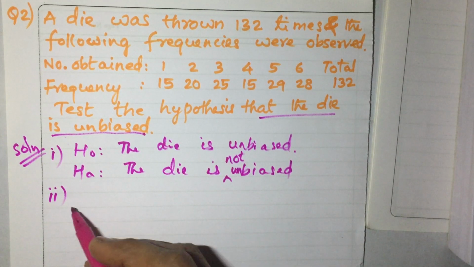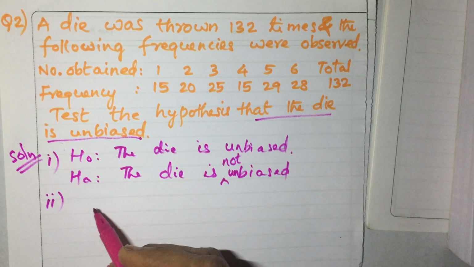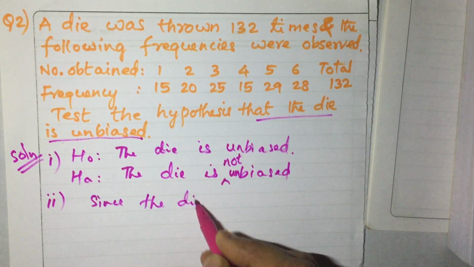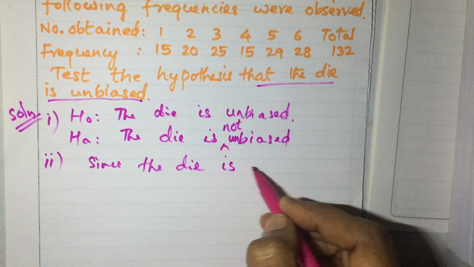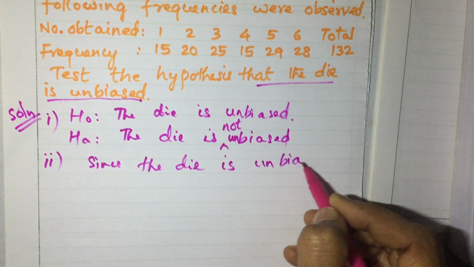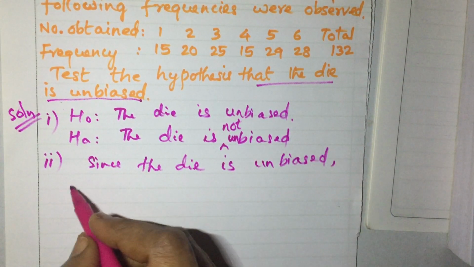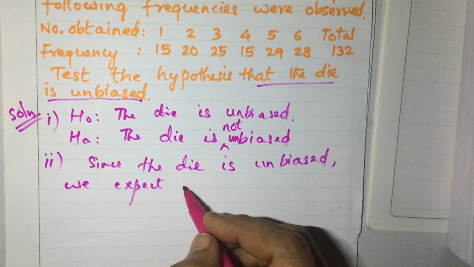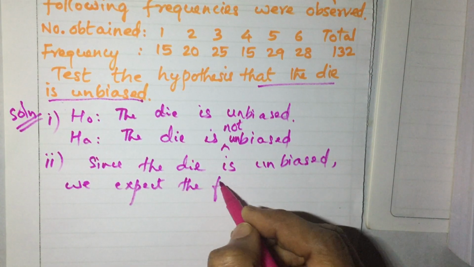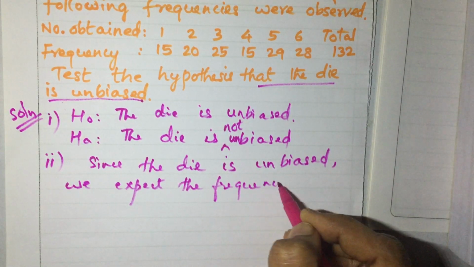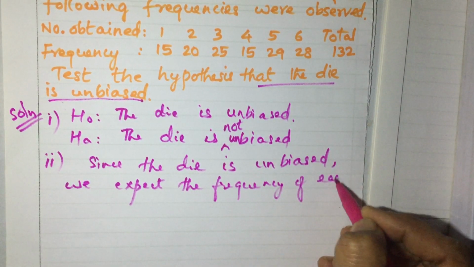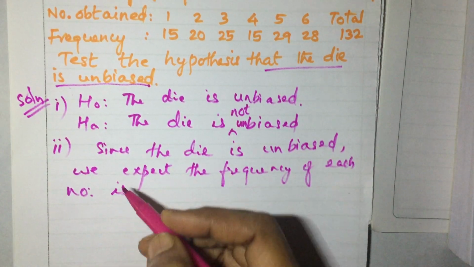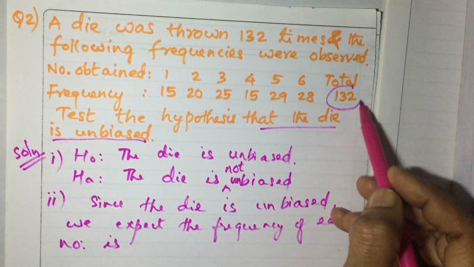Since the die is unbiased, we expect the frequency of each number to be the total, here 132.